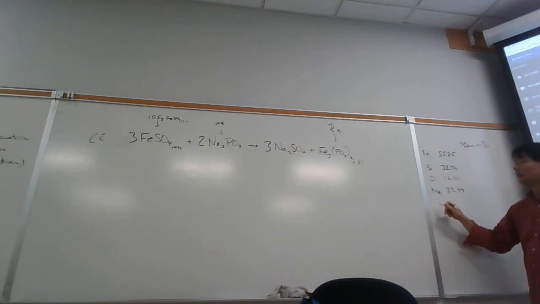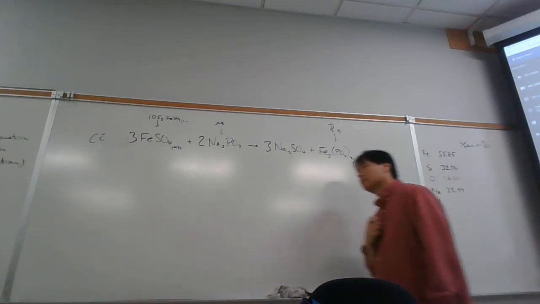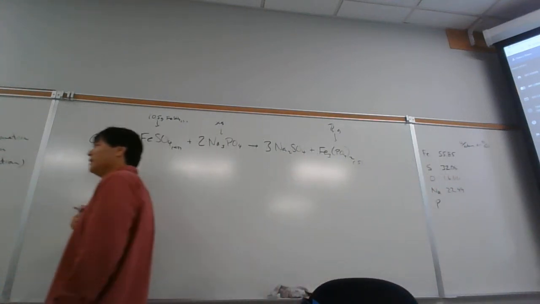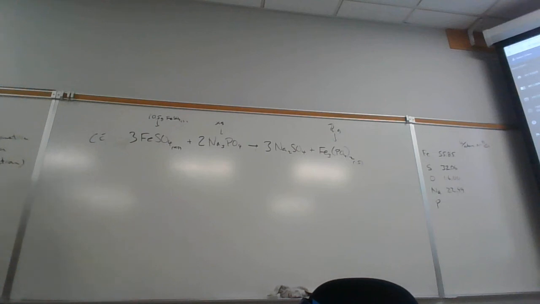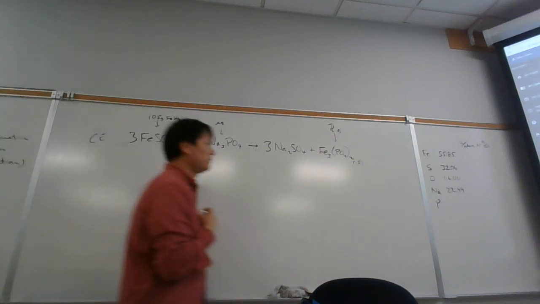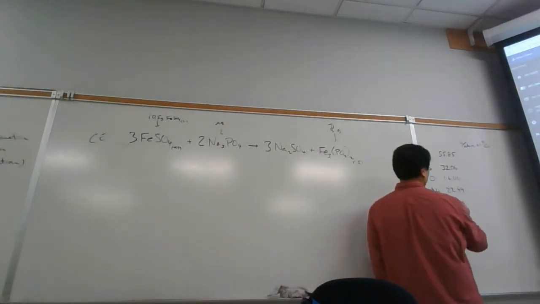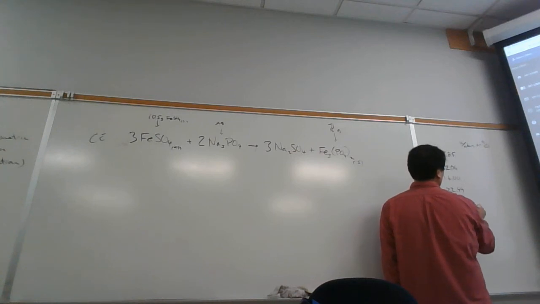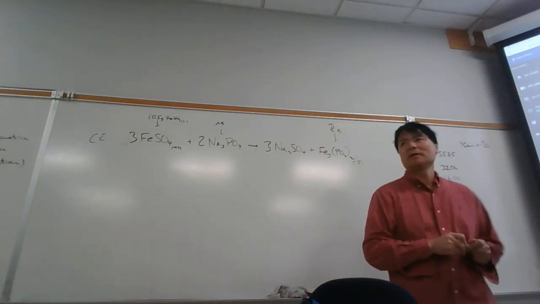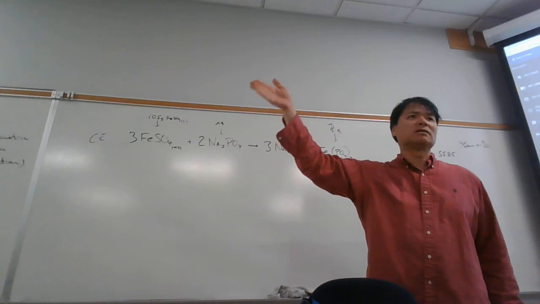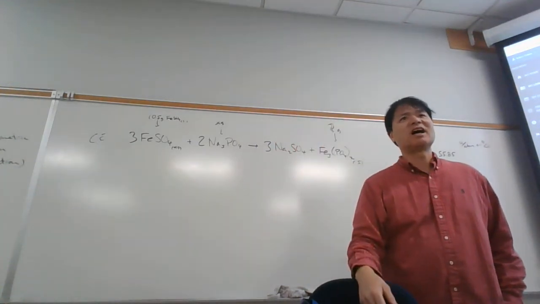Next. What else do we need? Phosphorus. Phosphorus is 30.97. So normally, a periodic table like that has more digits. It's more precise, more accurate.